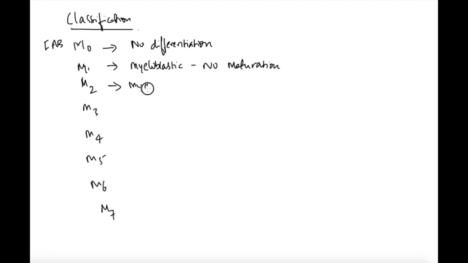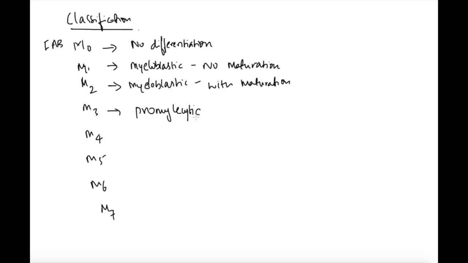M2 is also myeloblastic, with maturation. M3 is promyelocytic. How do you think I'm figuring this out? It's blastic, cytic. It is the exact same order of the maturation of the myeloid series that was told in the beginning. Just remember that and the table becomes easy.